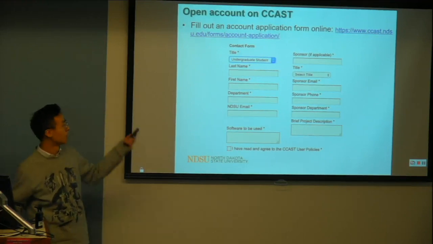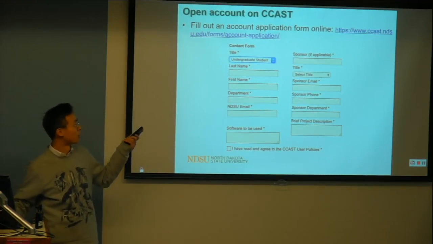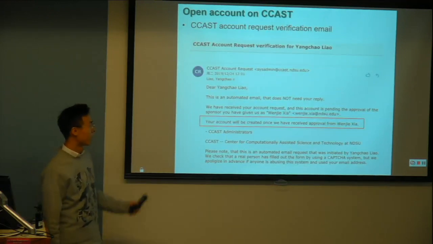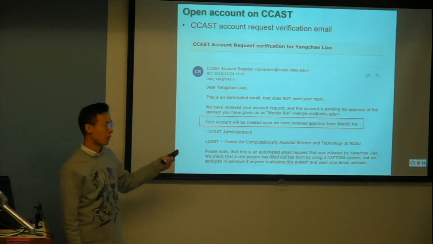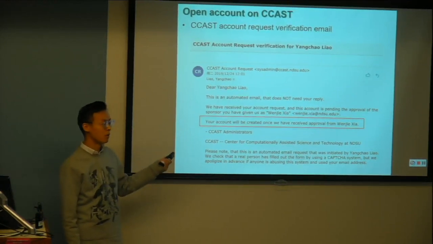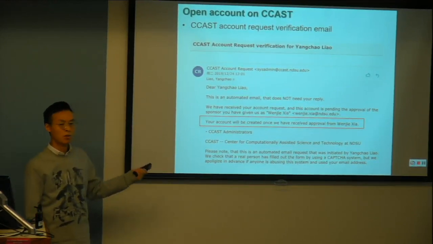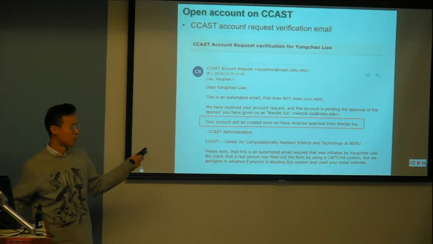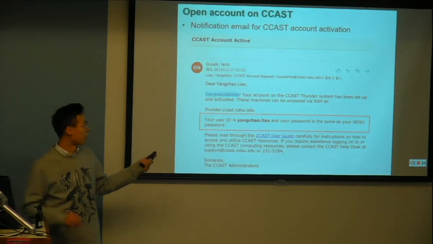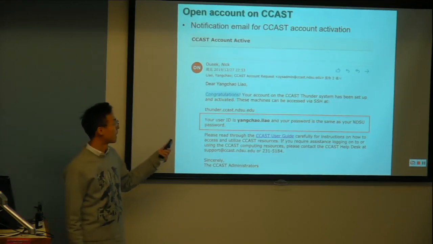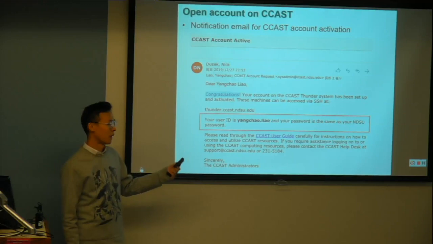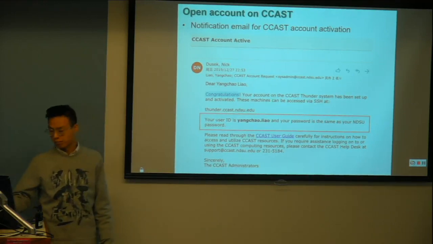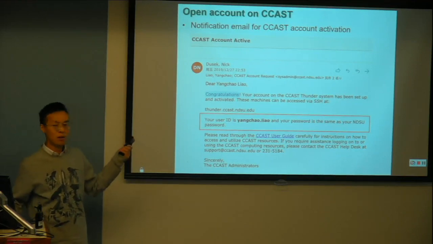After you fill out the form online, the CCAS system will send you an email, and you can do nothing with this email, because it tells you the only thing you can do is to wait for your sponsor to approve your application. After your sponsor approves your application, you will get your CCAS account ID and also your password. Normally your password is the same as your NDSU password. So now you have your CCAS account.